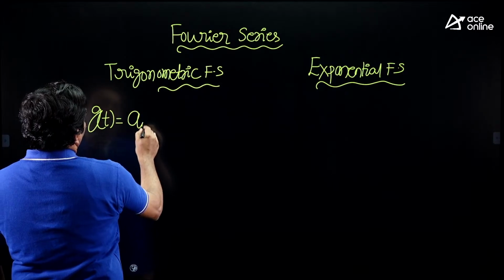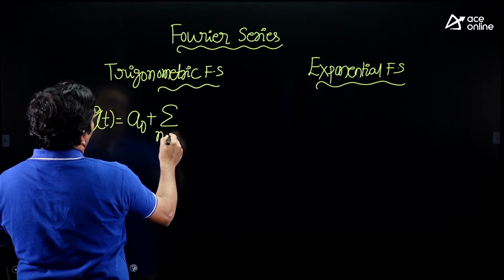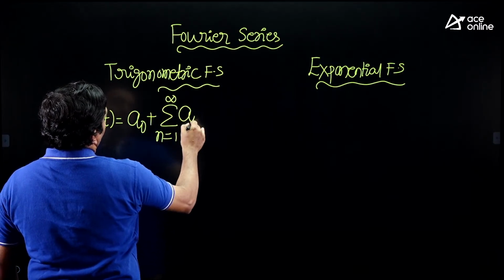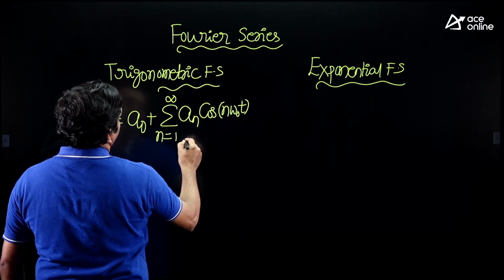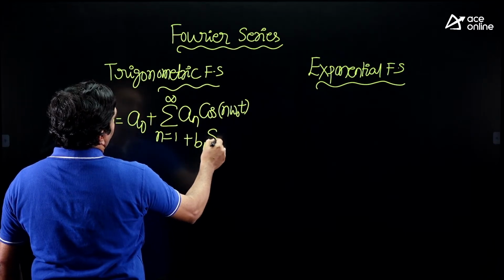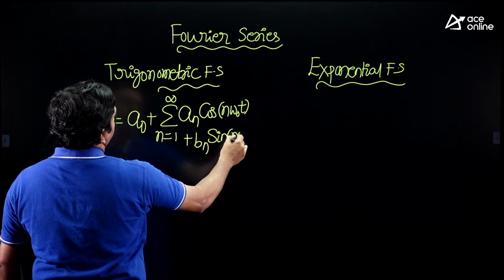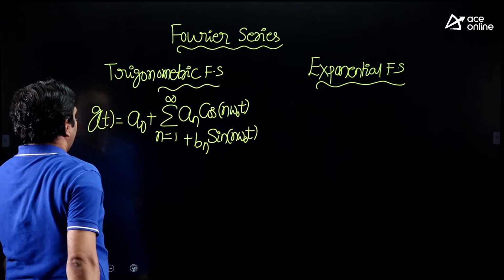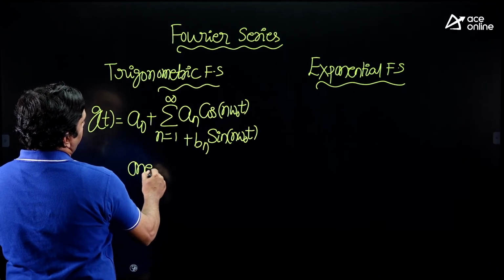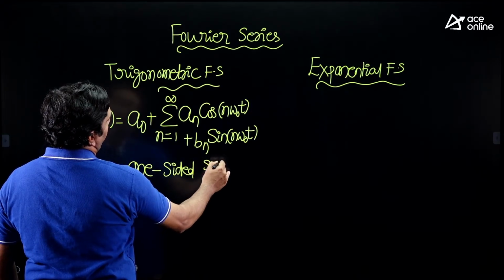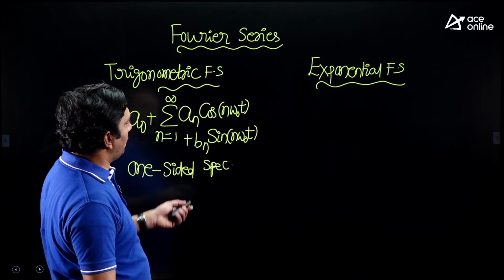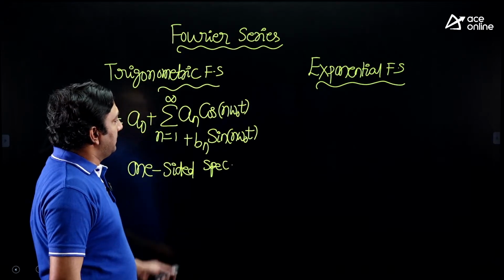It will have 3 components: a0 plus sigma n equals 1 to infinity a n cos n omega naught t plus b n sin n omega naught t. Of course, here we are getting only a one-sided spectrum. When we want to draw the spectrum, the Fourier series coefficients graph, it is one side.